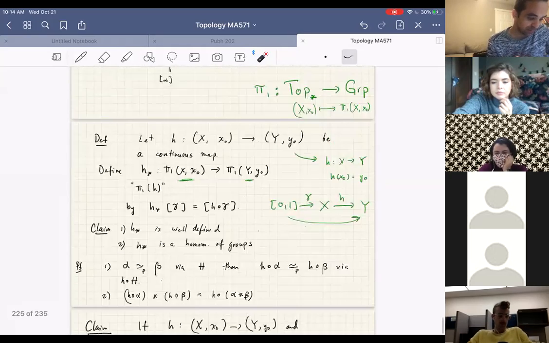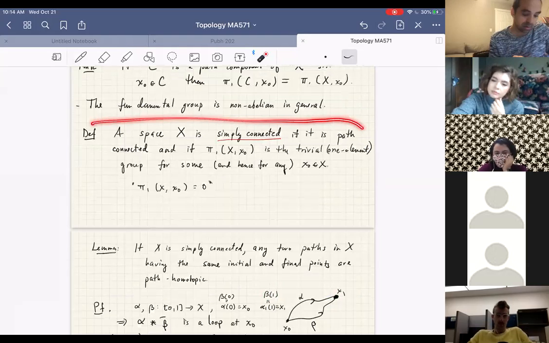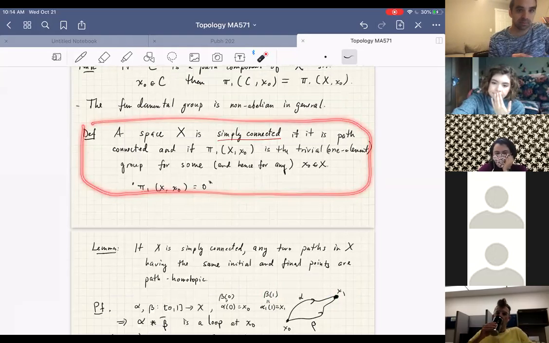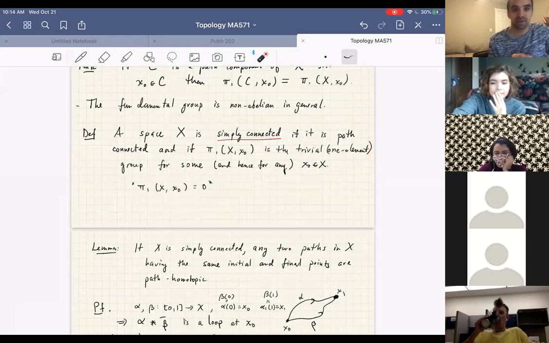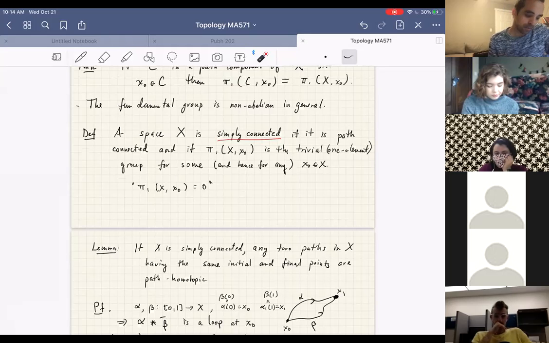Yeah, for now, I'm just making a definition. So I'm not using this definition so far. I'm just saying spaces which have trivial fundamental group are called simply connected. Period. Right?